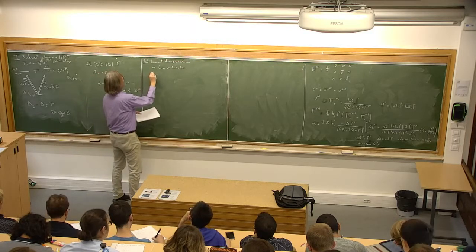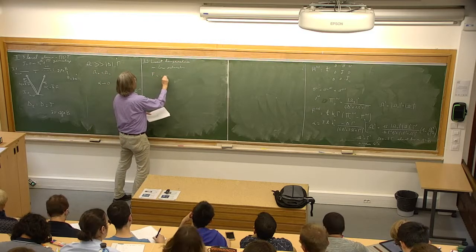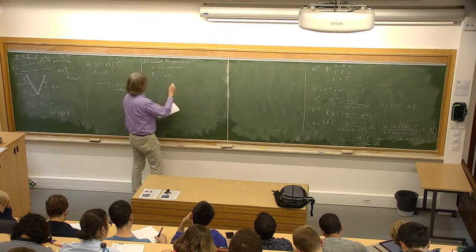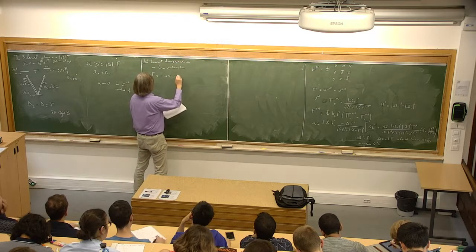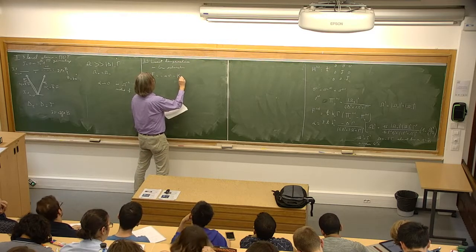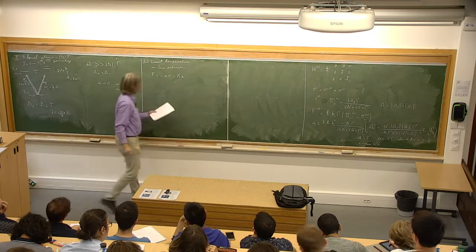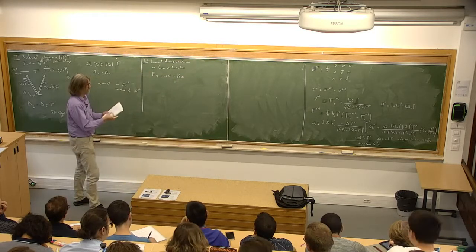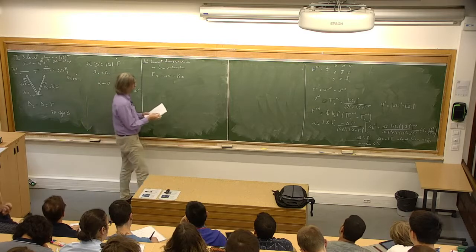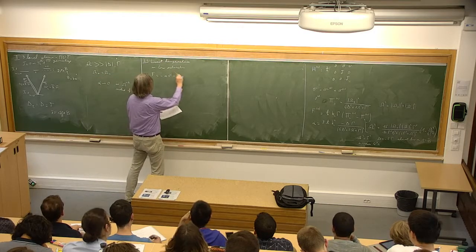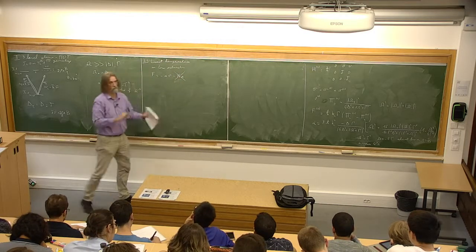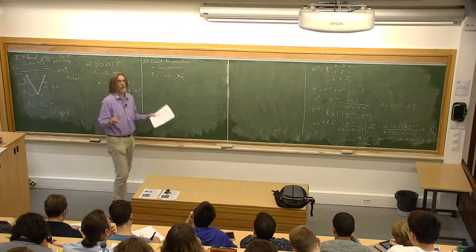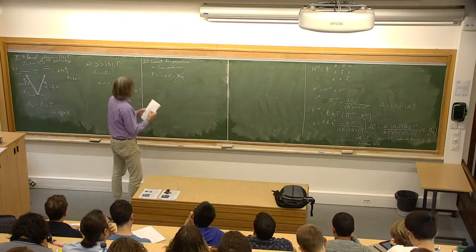Okay, so I have the force that is minus alpha v. As I am in 1D, I just forget the vectors. And for the moment, I will forget the restoring force. So it's the molasses and not the MOT.